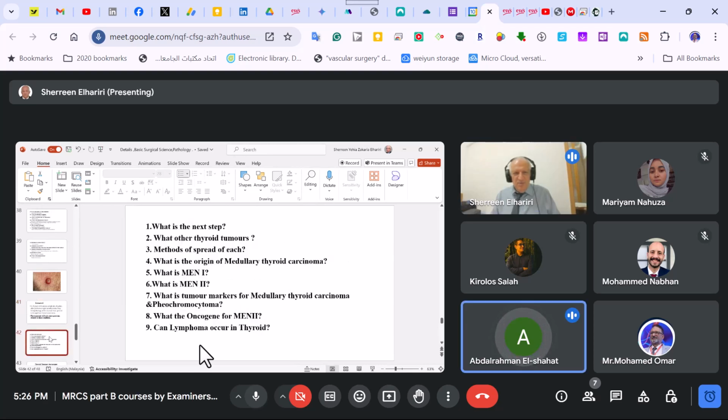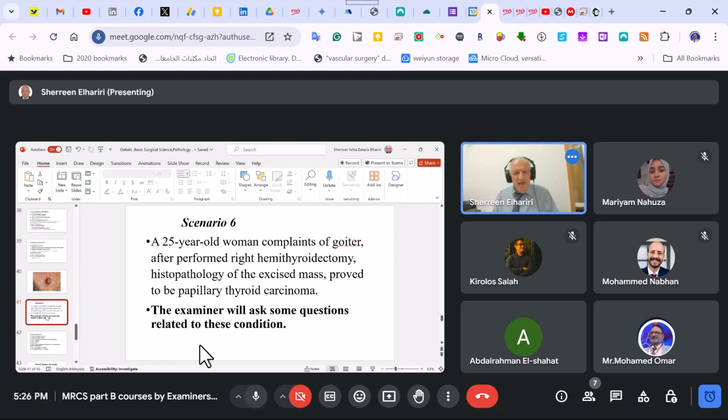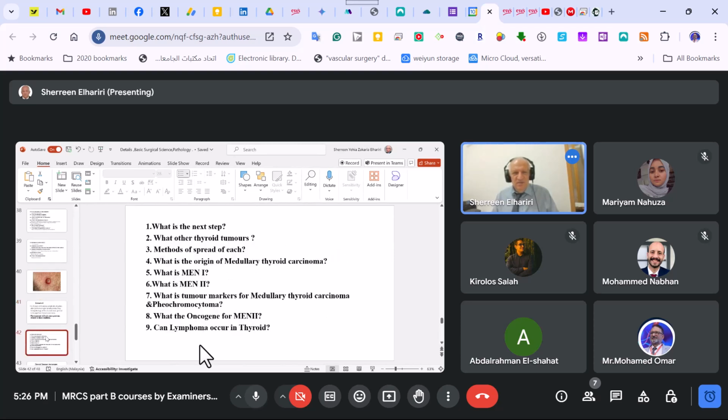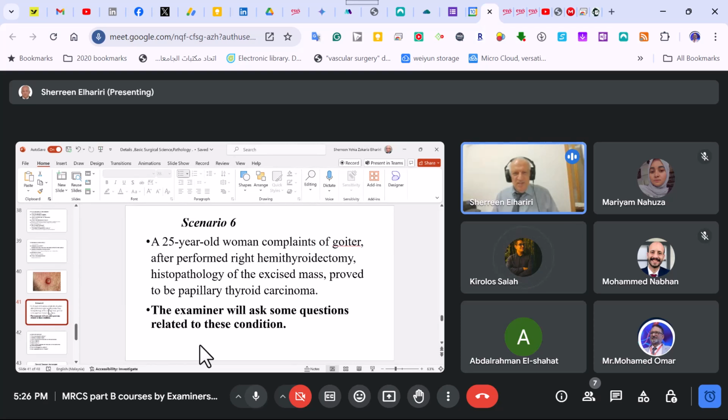This patient come to you after you did right hemithyroidectomy and the result is papillary thyroid carcinoma. So what you need to do now? I don't know. Okay, is any surgery you need to offer or chemotherapy or radioactive iodine? What you choose?